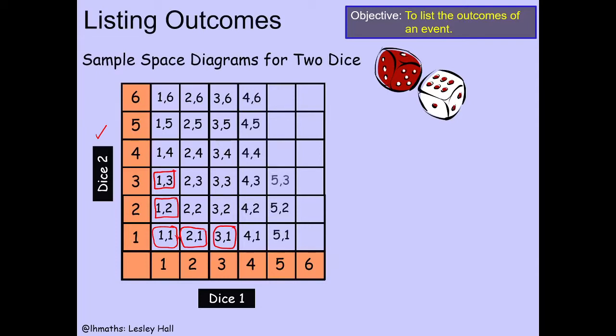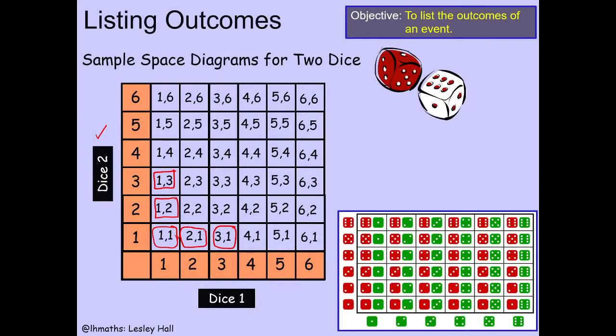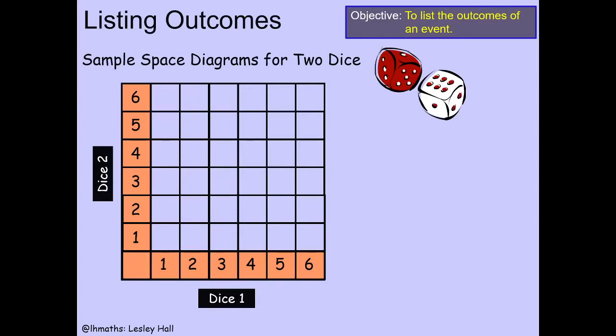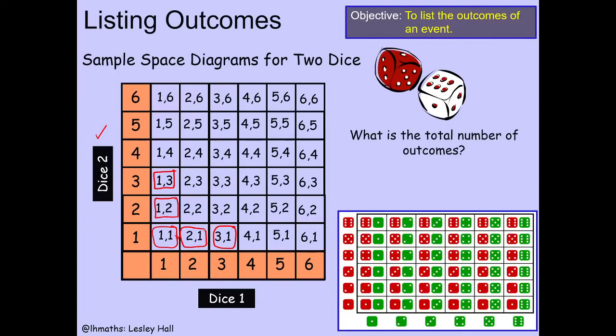So those are the possible outcomes when you roll 2 dice. So take note of that. These are our outcomes. And how many outcomes are there? 36. So take note of that.